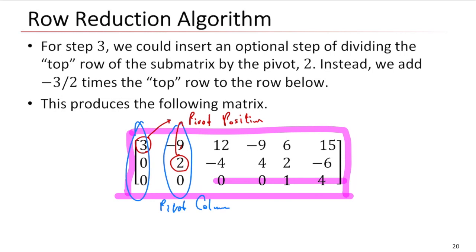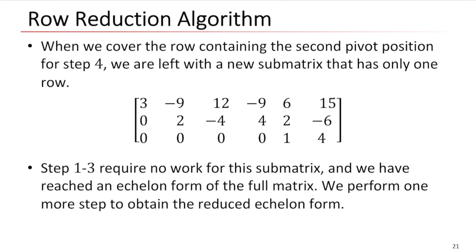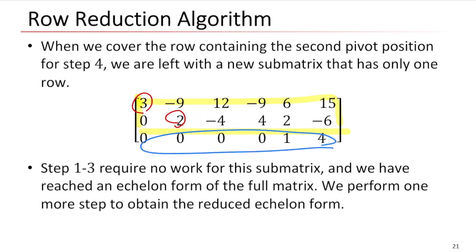As you can see here, when we cover these two rows, because we already found the pivot positions, there is only one row here, right? To reduce this single row, we don't need steps 1 through 3.